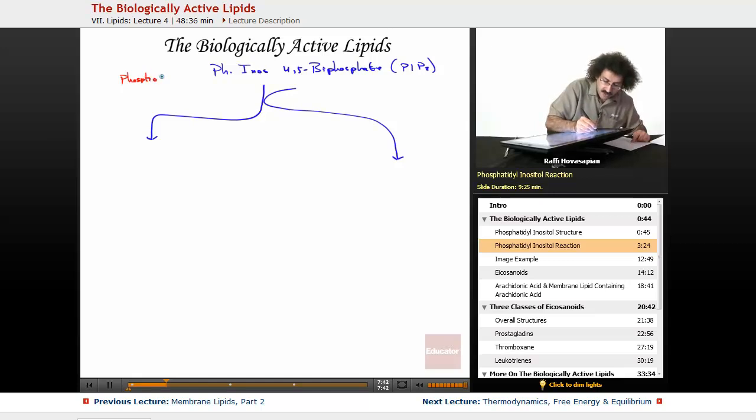An enzyme called phospholipase C, actually, in the membrane. That's actually in the membrane. Hydrolyzes the glycerol phosphate bond.